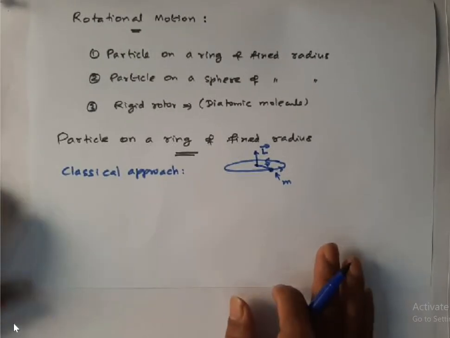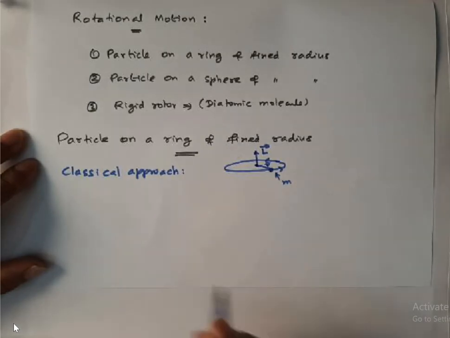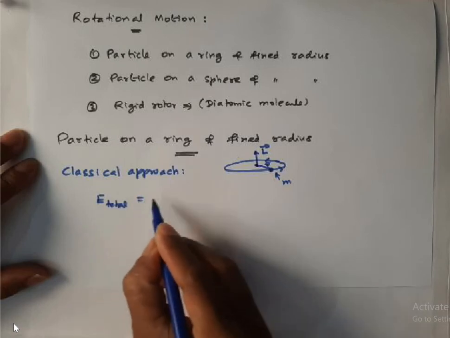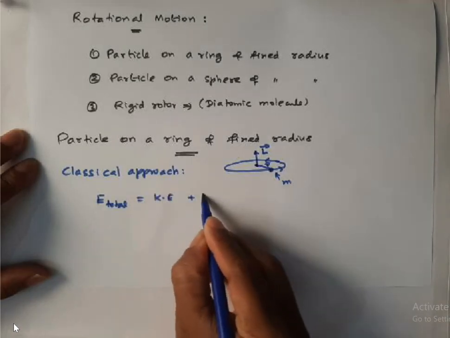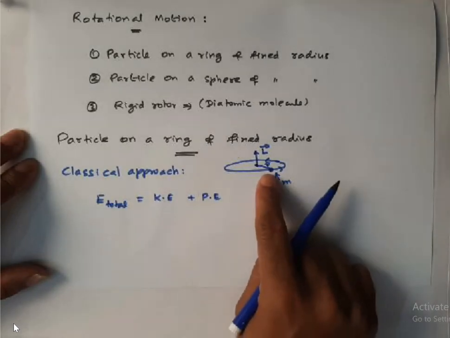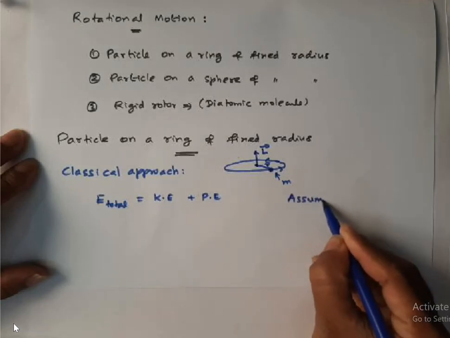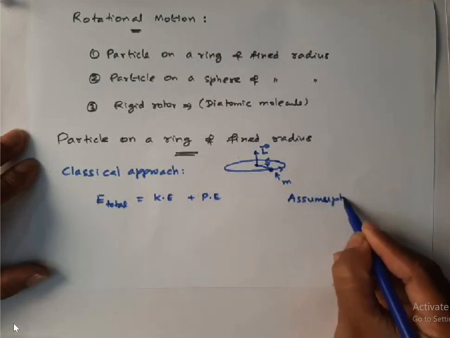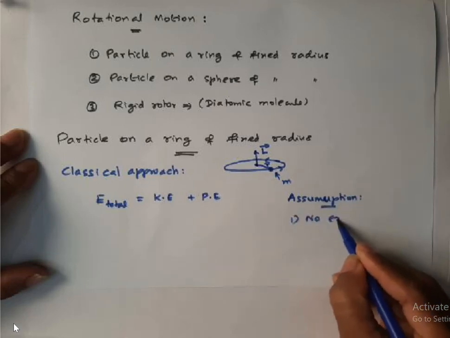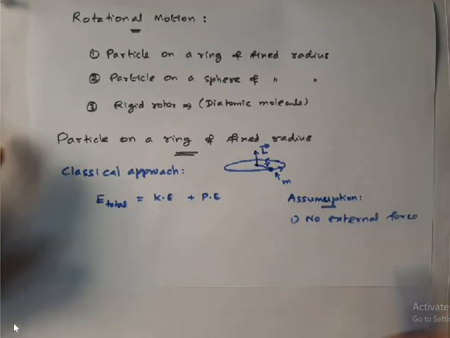Now what is the energy of the particle? You know very well total energy equals kinetic energy plus potential energy. Let us assume that there is no external force acting on the particle.